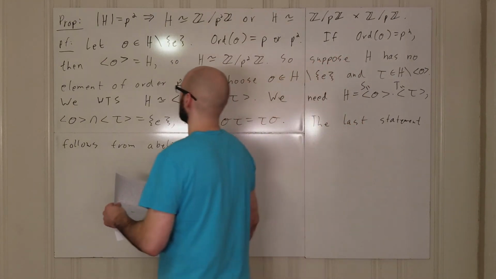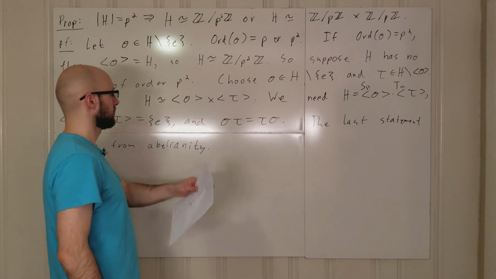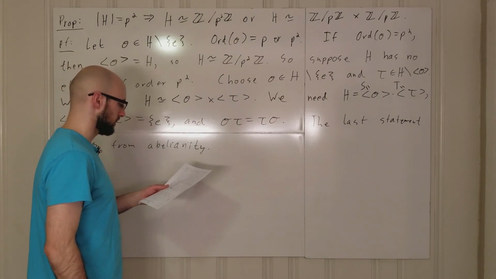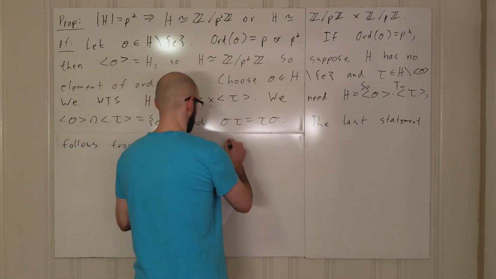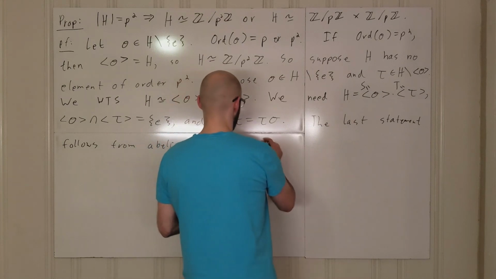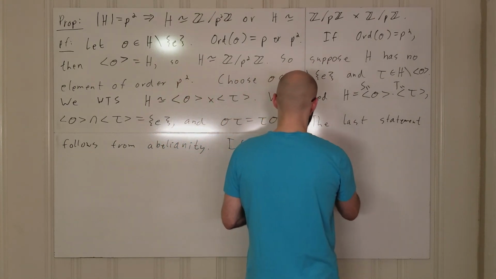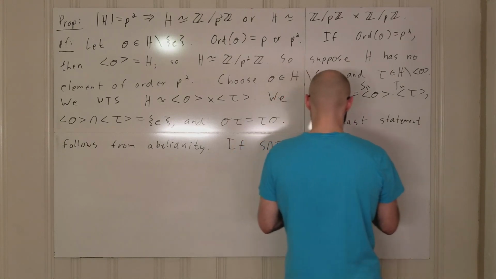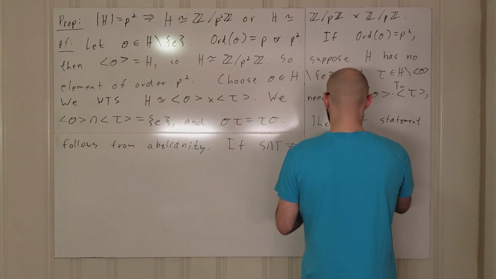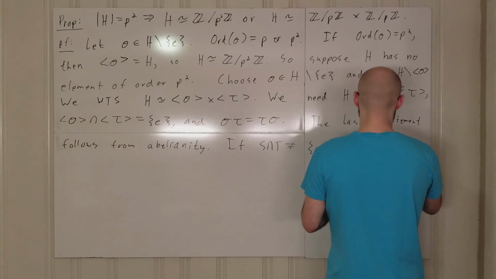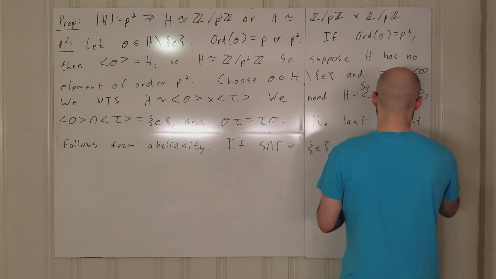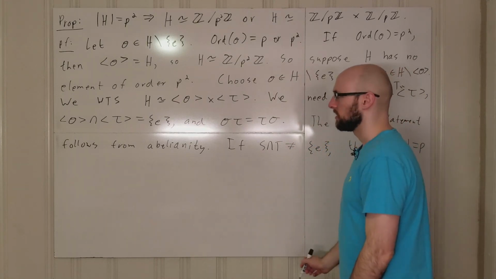So anyways, the last statement follows from abelianity. If S intersect T is not equal to the identity, then the size of the intersection must be equal to P, right?